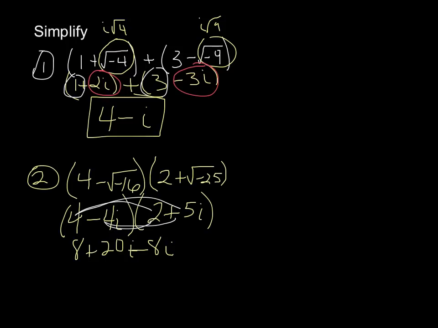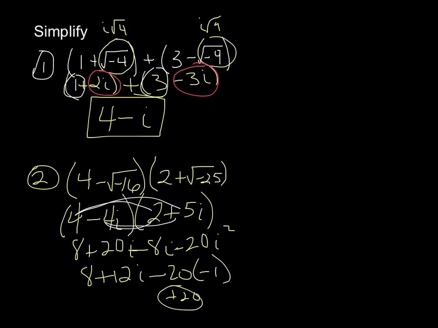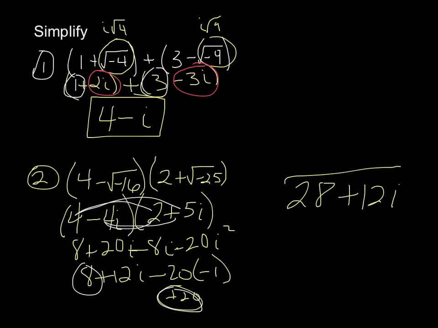And negative 4 times i times 5i is going to be minus 20i squared. So I've got 8, 20i minus 8i is a plus 12i. At the end, I'd have 20 times negative 1, which is really a positive 20. So when I combine like terms, I can combine the positive 20 and the positive 8, which gives me 28. And then I have the plus 12i.